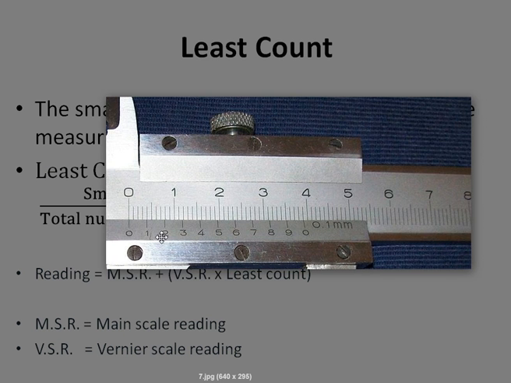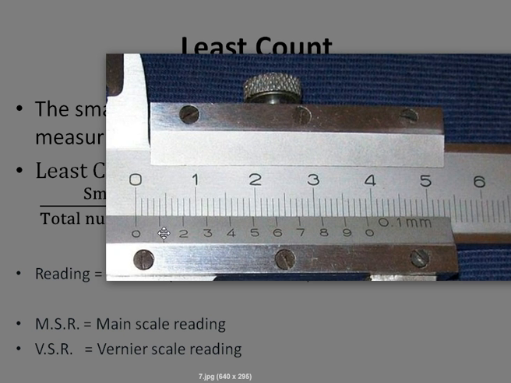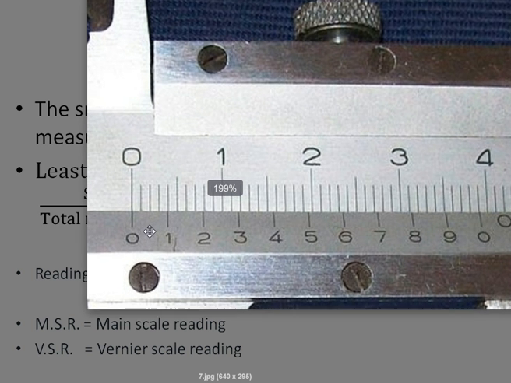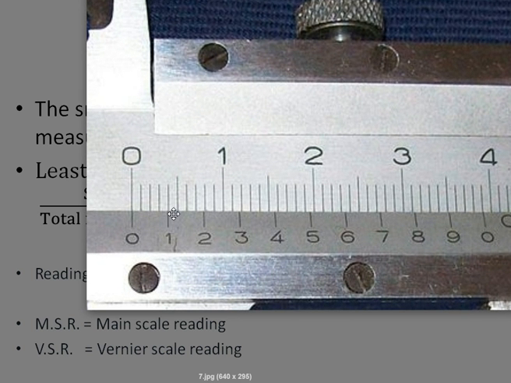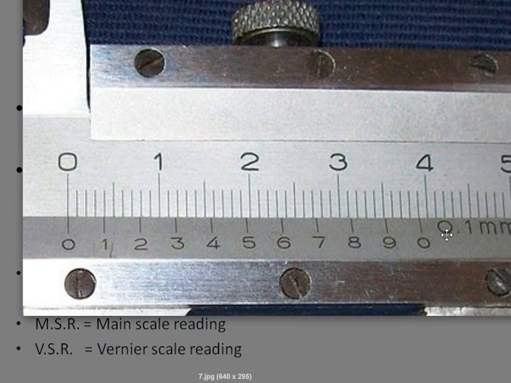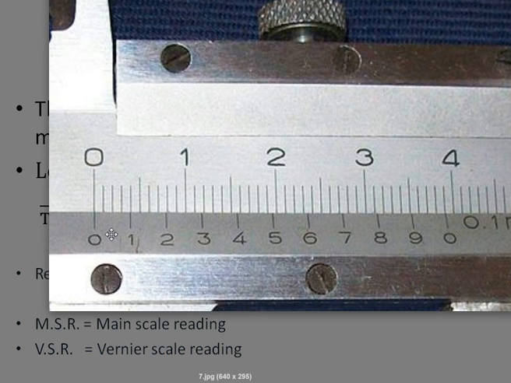Similarly, each division of this Vernier scale will be equal to 4 minus 0.1, that is the least count. So 3.9 mm will be the value of one division on Vernier scale.